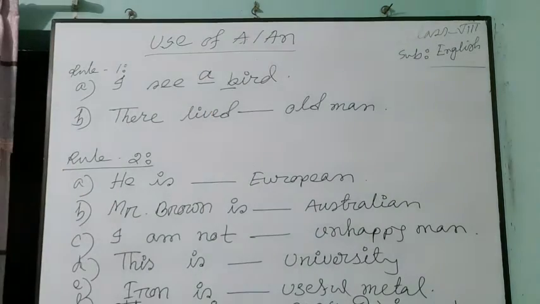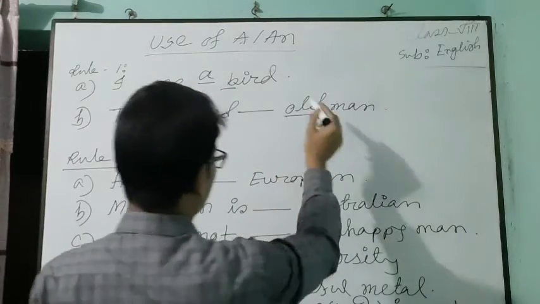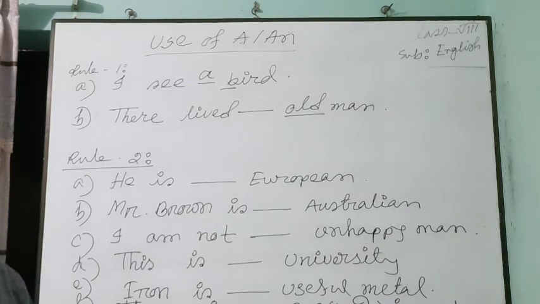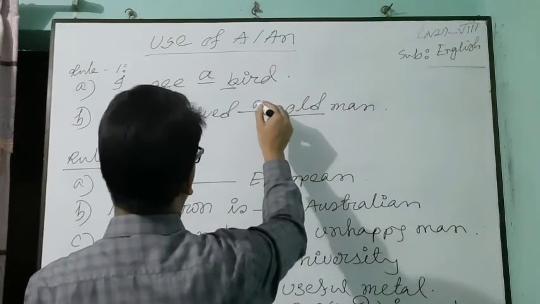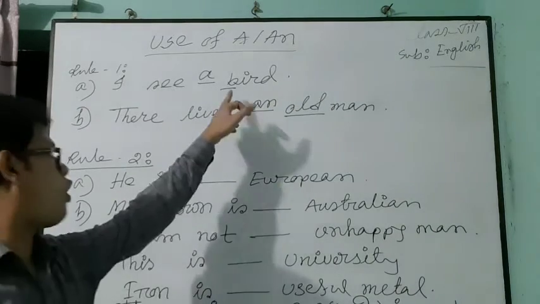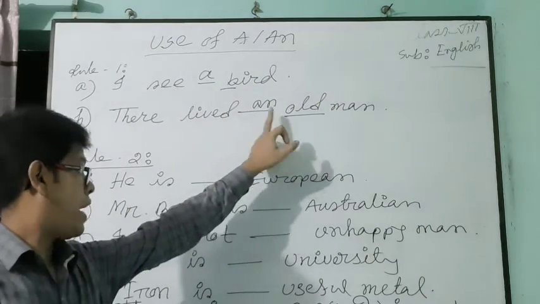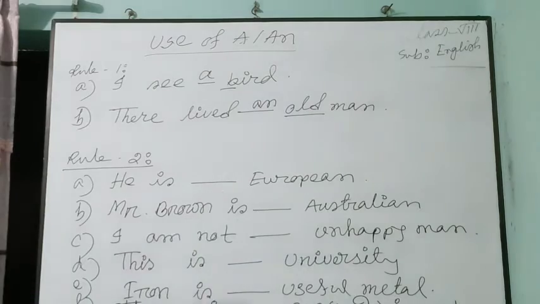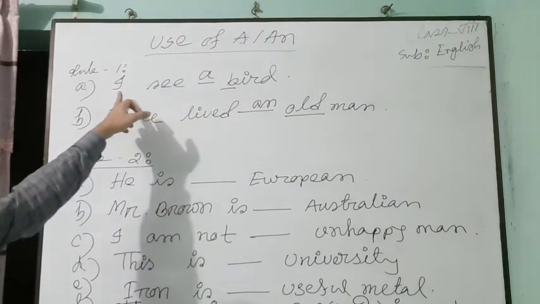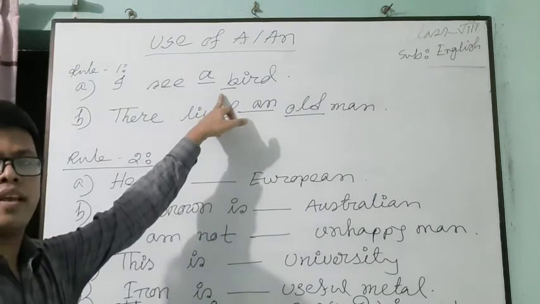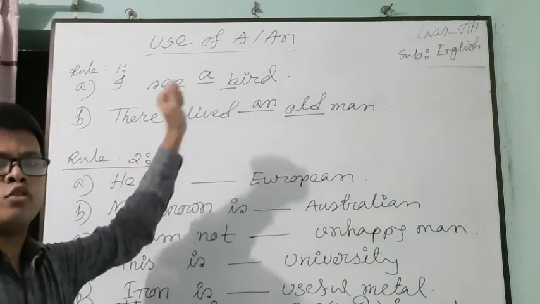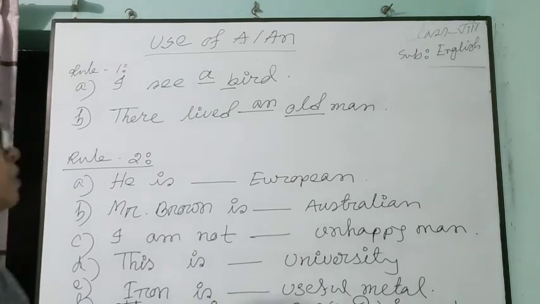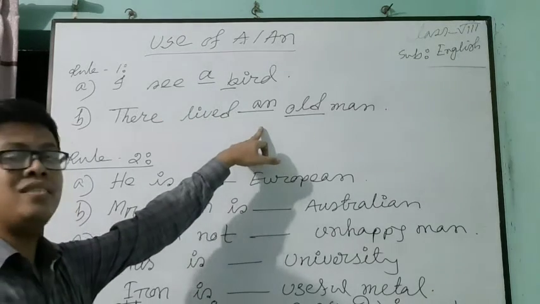But in rule 2, the first letter of the noun is o, as o is a vowel, we should put an before a vowel. A is used before a consonant and an is used before a vowel. Students, it's clear that a is used before words which begin with a consonant, and an is used before words which begin with a vowel.